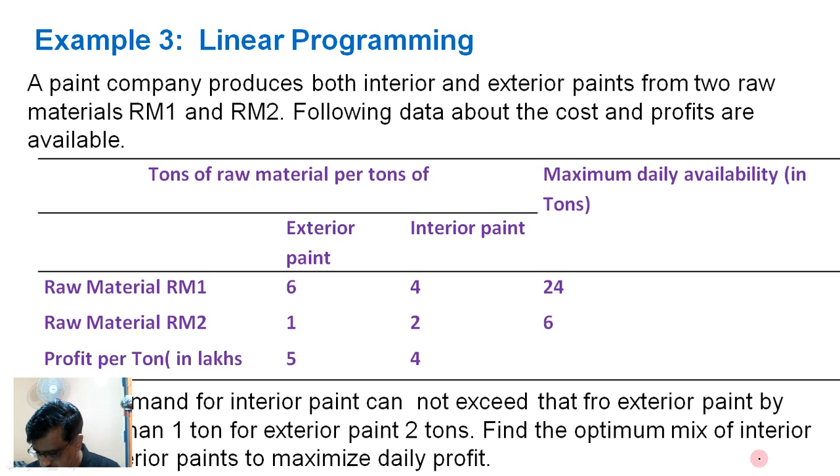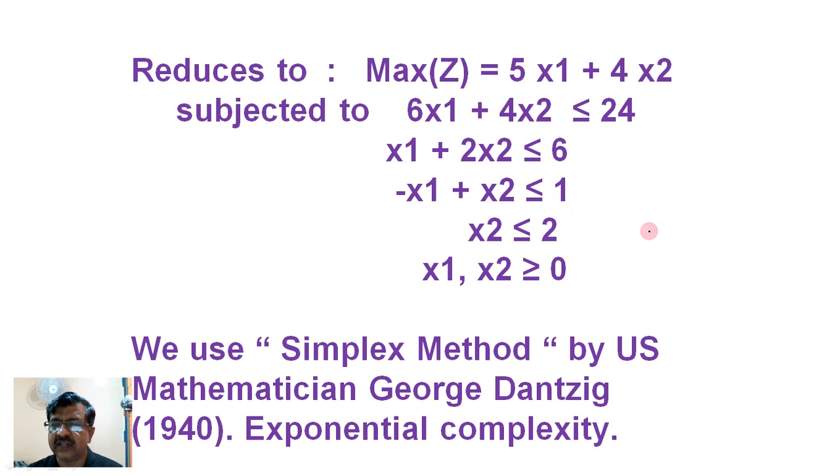The quantum of exterior paint is x1 and the quantum of interior paint is x2, and this is given by the conditions, which are all the constraints: 6 times x1 plus 4 times x2 should be less than or equal to 24, and x1 plus 2x2 is less than or equal to 6. These are all the conditions laid out in the problem.